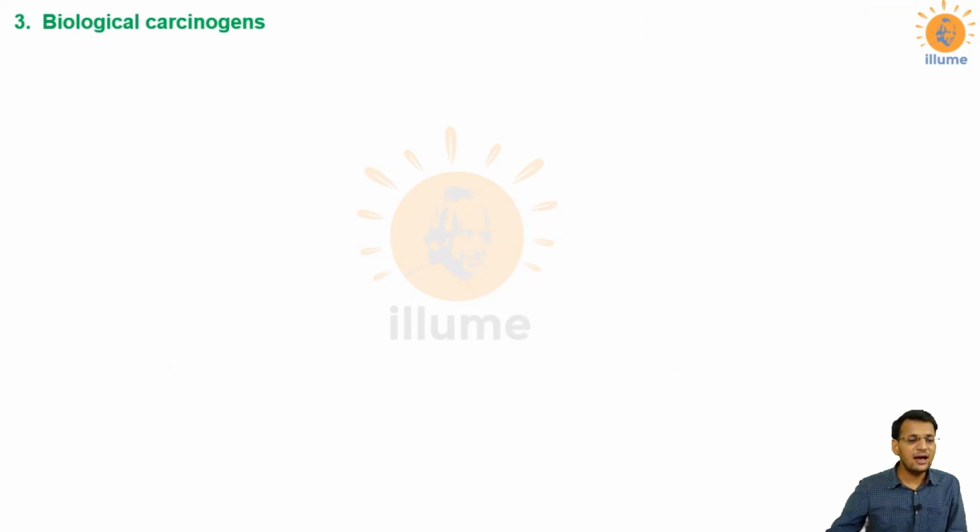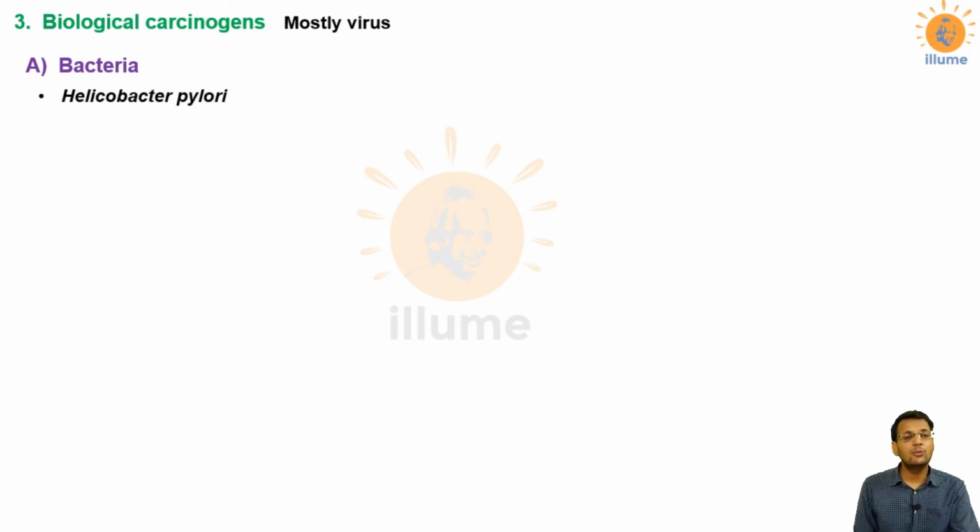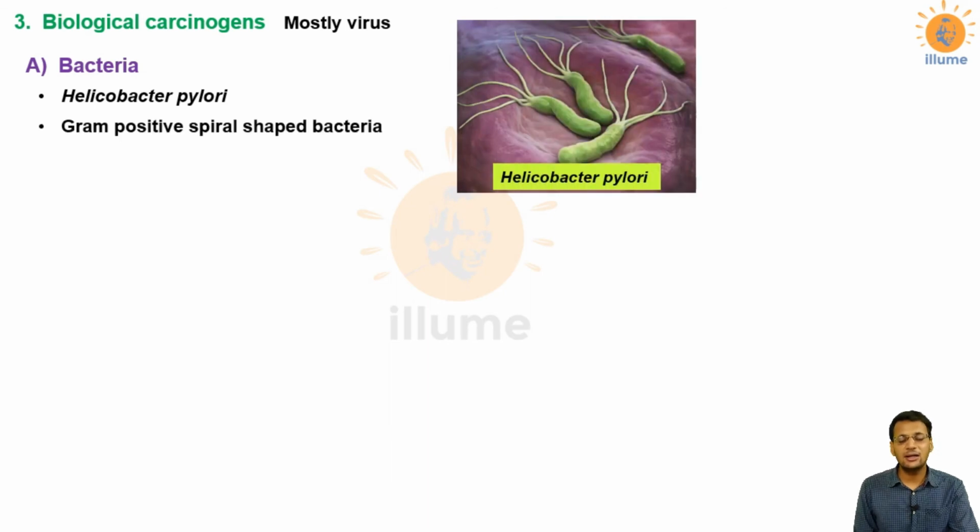Now moving ahead, I would discuss biological carcinogens. These are the organisms that are responsible for cancer development, and mostly viruses are associated with cancer. The first group belongs to bacteria, and the most important bacterium is Helicobacter pylori.